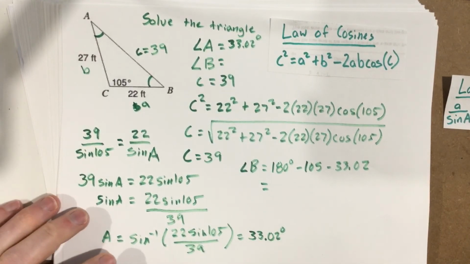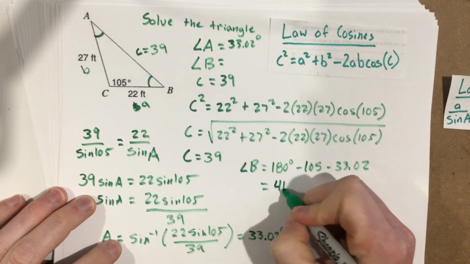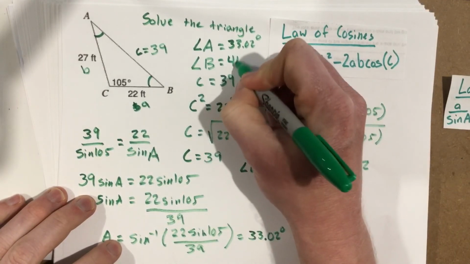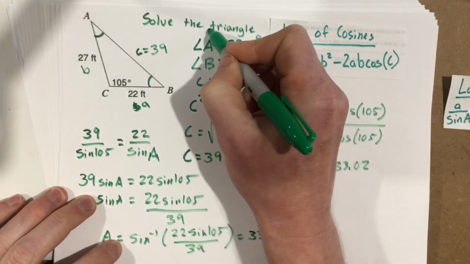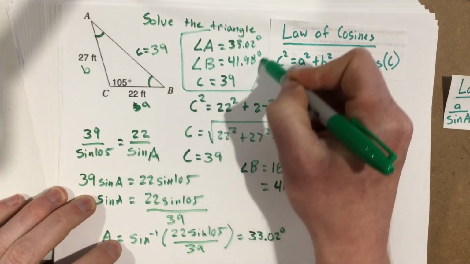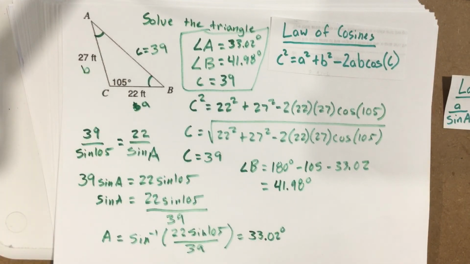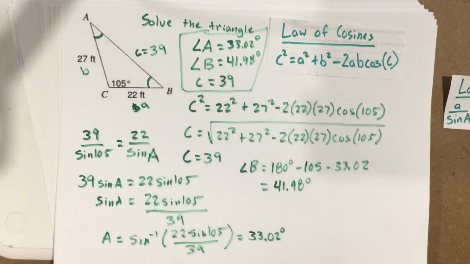I get 41.98 degrees. And then we're finished. We've solved the triangle. Those are our three answers. All right, we found the angles, we found the side length, and we used law of cosines combined with law of sines to do it. Just remember, when you find that initial value, that you use the pre-rounded answer in your calculator.